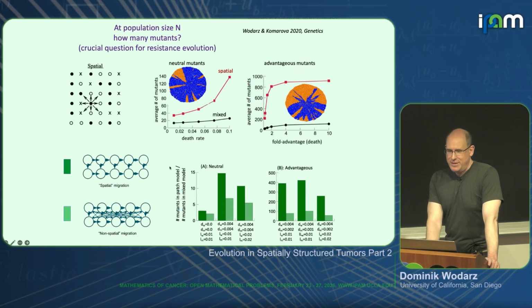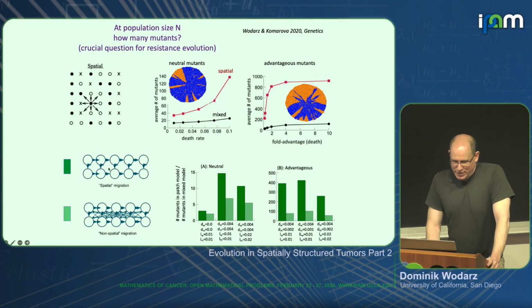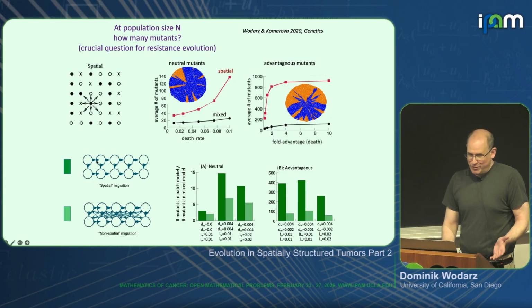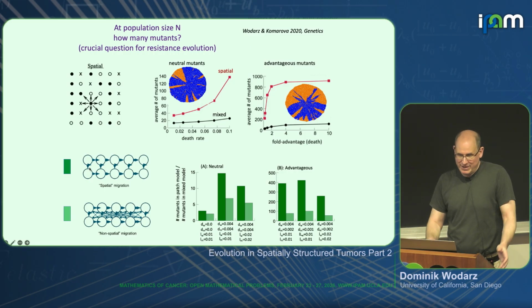The interesting thing that we found was you can describe the same dynamics with patches, with these deme models that I mentioned before. So instead of having an agent-based model that you have here, where cells explicitly move to the nearest neighbors, you can have your cells live in patches. I don't know what these patches can correspond to, either the lymph nodes in the medical terms, but in ecology, there could be different ponds in a given habitat.